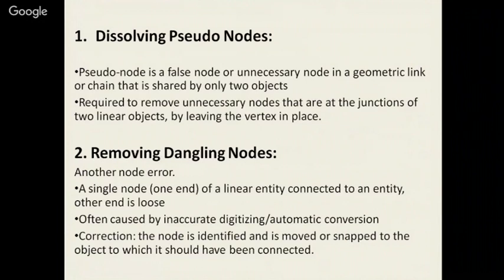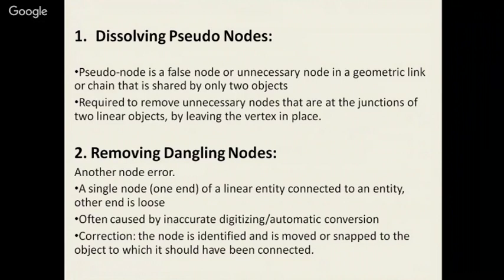So remove dangling nodes. Wherever there is a gap, or a single node of a linear entity is connected to an entity and the other end is loose. For example, if there is a loose gap between a point or data, it should be connected.